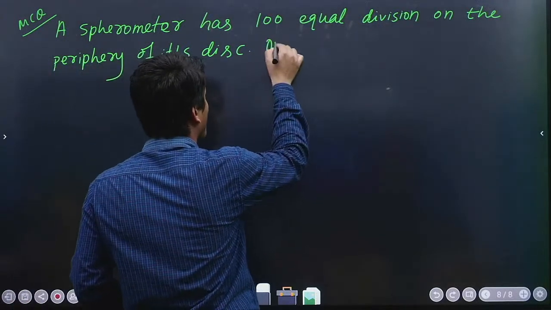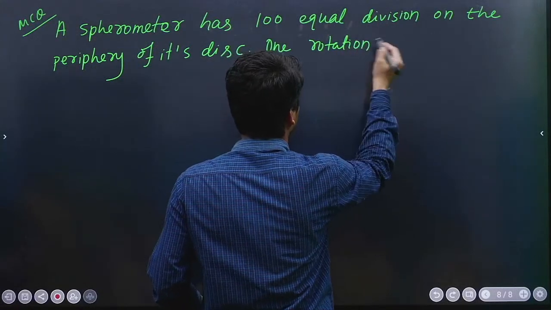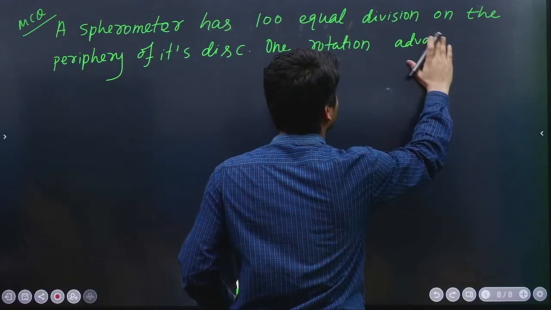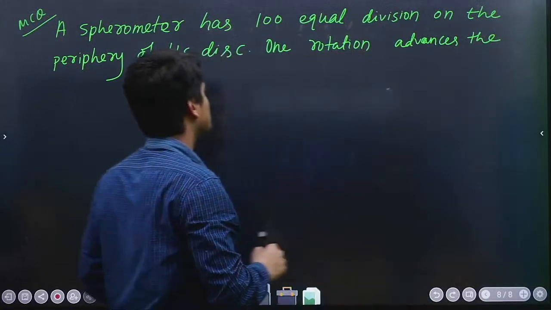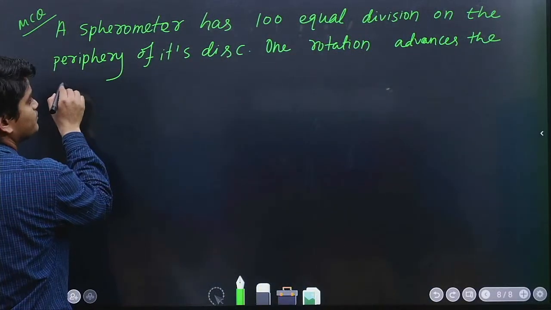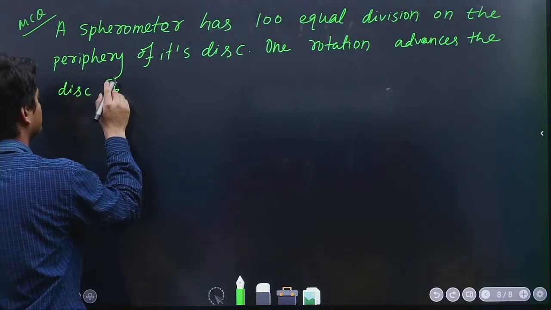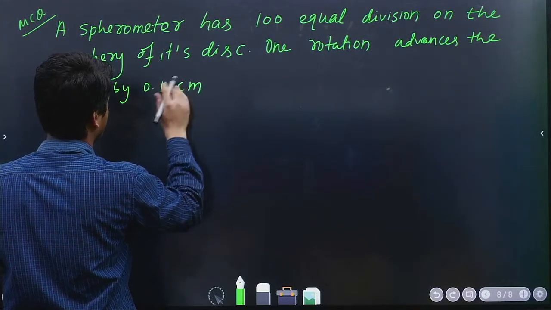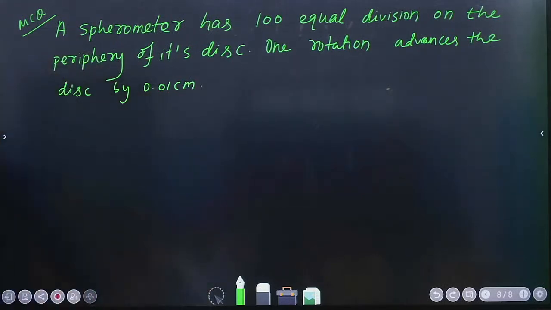Now one rotation advances the disk by 0.01 centimeter.